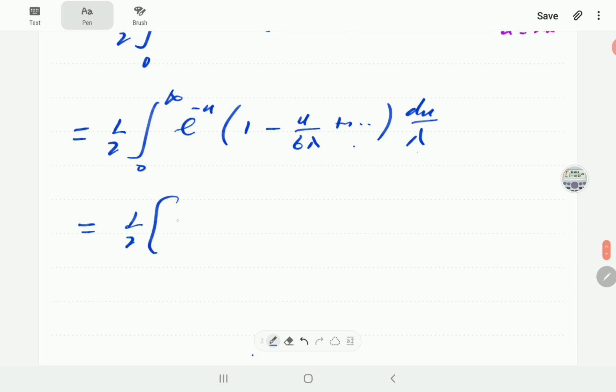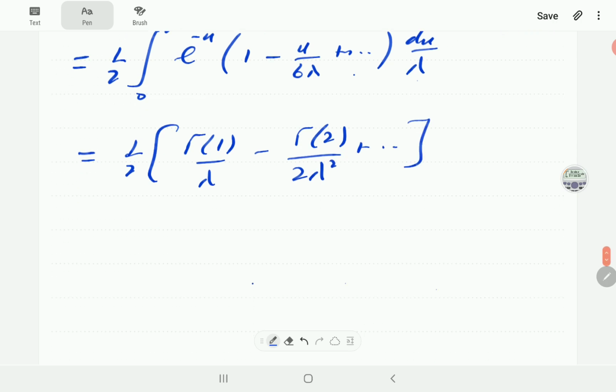And then again applying your gamma functions, this is simply going to become 1 over lambda minus gamma of 2 over 6 lambda squared, and then of course this is just 1 over lambda minus... sorry, this is supposed to be 6 here.